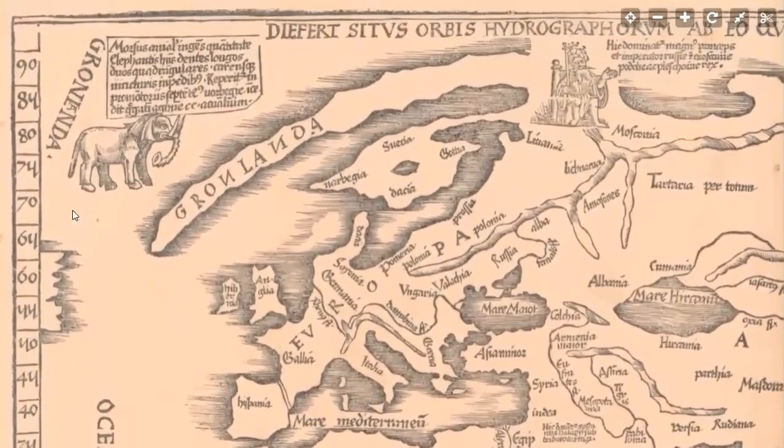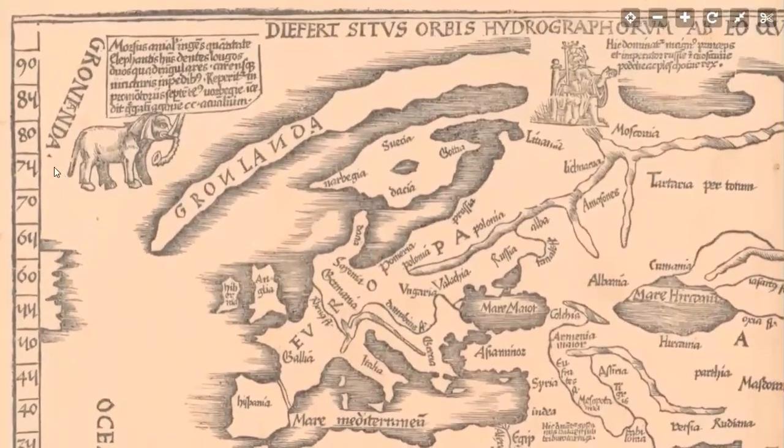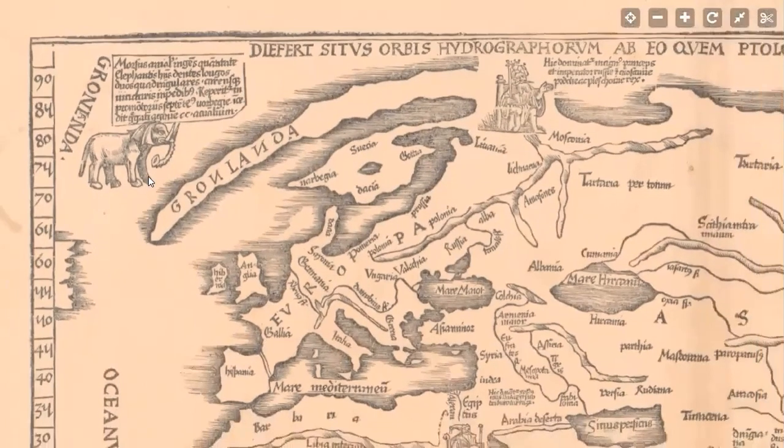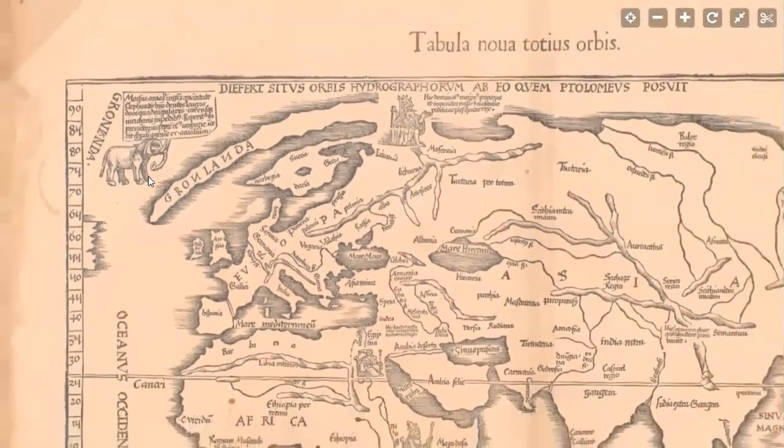And some of them are represented with kind of generic foreign presences, like as if an elephant ever were anywhere near Greenland in modern human history. Didn't happen, but it's very interesting to see how these early maps started representing exotic beings in different parts of the world.